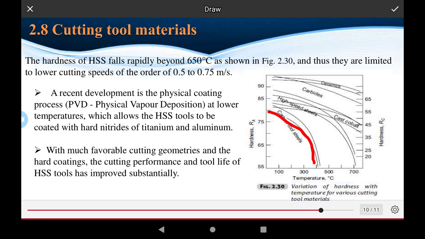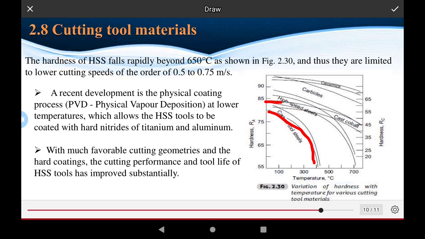Cobalt is also present, with hardness below 80, and its resistance to temperature is sustained up to approximately 1000 degrees Celsius.